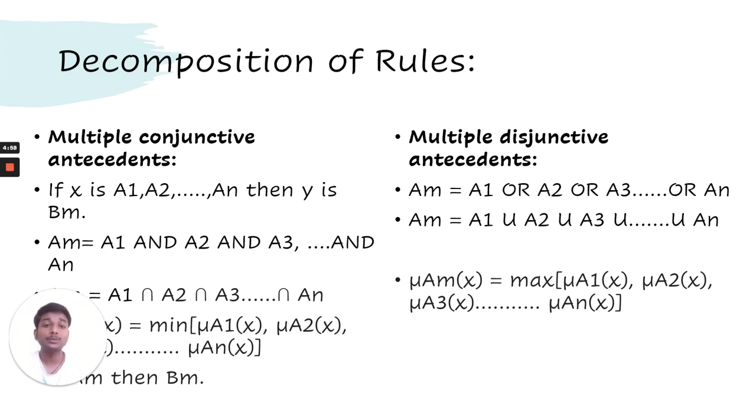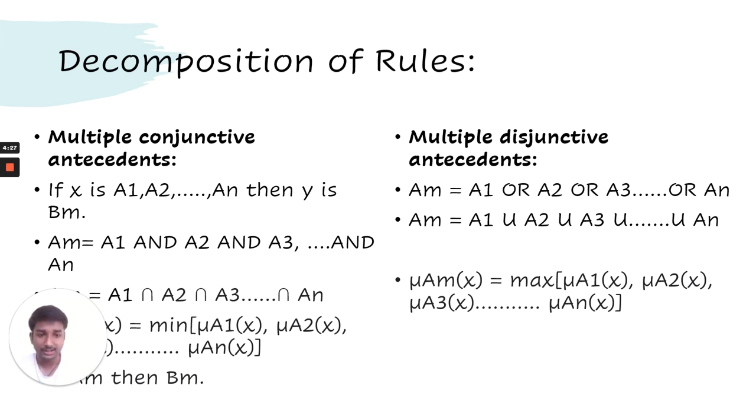Now multiple disjunctive antecedents. Here the same thing, but here we got disjunctive, right? Disjunctive means what is the sequence? You will get or, union and max. These three things are to be remembered, and this is the sequence for disjunctive, and the sequence for conjunctive is and, intersection, minimum.